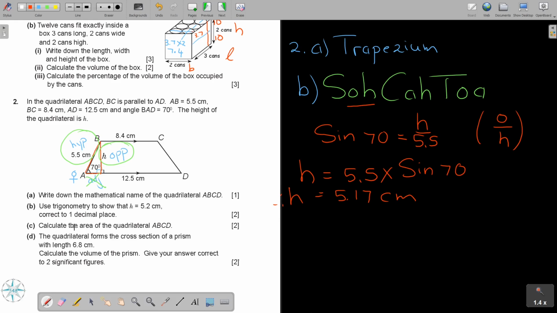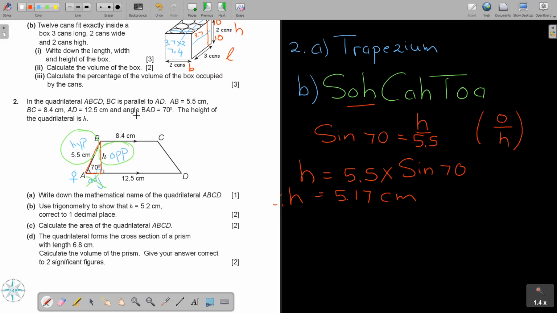Then I go on, calculate the area of the quadrilateral ABCD. Now, can I just quickly check here? Because I am going to need, so I just want to see, multiply 5.7. Okay, so I want to see what do I have, what do I not have. Oh, okay. So how am I going to work out the area?